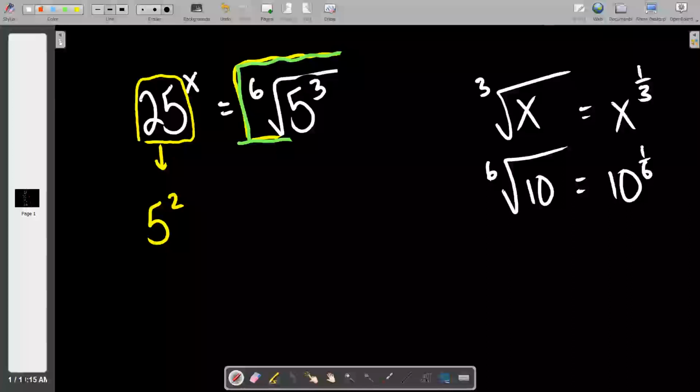And do you also agree that once we see something written like this, the 3 and the 6 kind of high five and then split ways and say, hey, I'll catch you on the flip side. And the 3 says, I'm going to the top of a fraction. And the 6 says, I'm going to the bottom of a fraction. So you're okay with that? You sure? So that's why this side would be 5 to the 3/6.